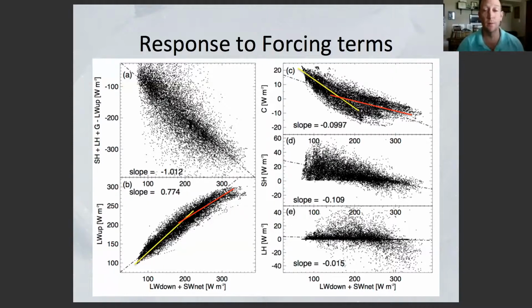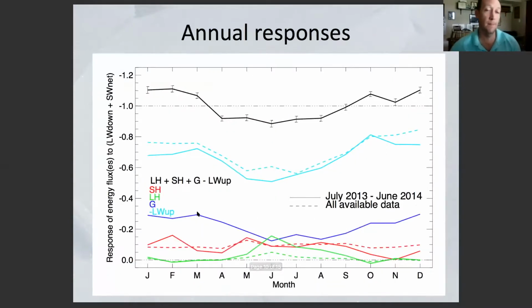You could do this for every month and plot the annual cycle of how these different terms respond to changes in the radiative forcing, and that's what we're showing in this plot. Again, the longwave up is the largest response, and it dips down into the summer, with a stronger response in the winter compared to the summer.